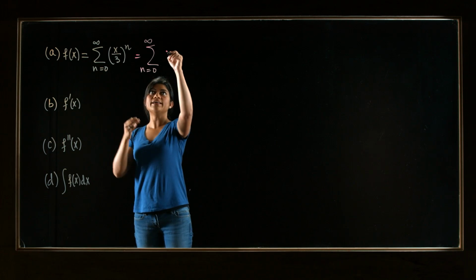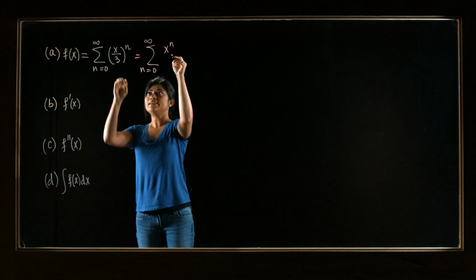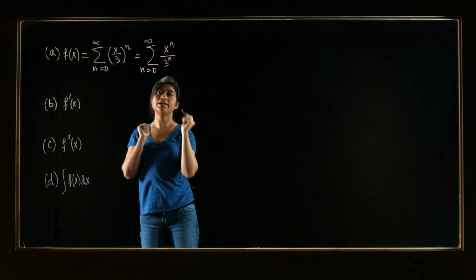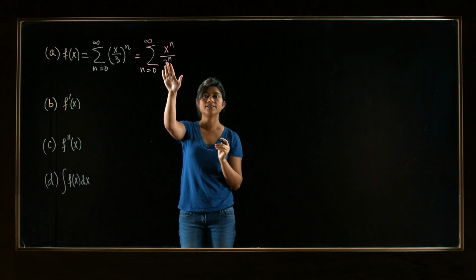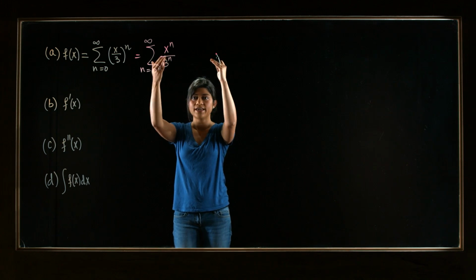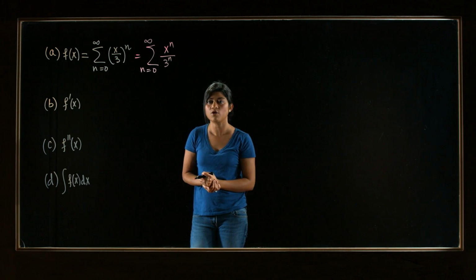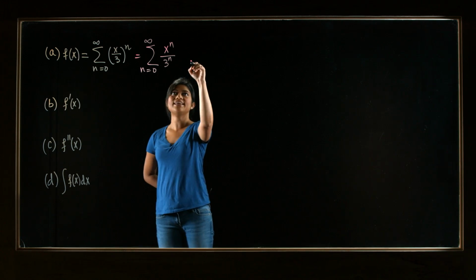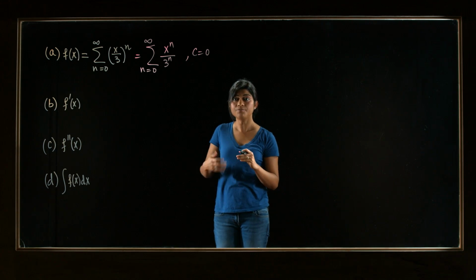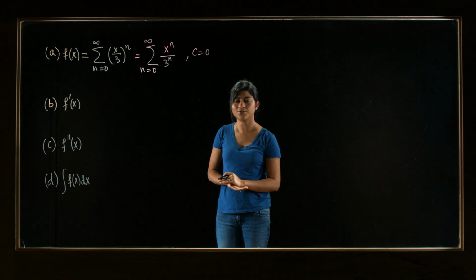All I mean is separating it into x to the n divided by 3 to the n. As soon as you write it this way, this looks like a_n times (x minus c) to the n, the general power series form. And you see right away that the center of this series is 0. That will be helpful because you are computing the radius of convergence.